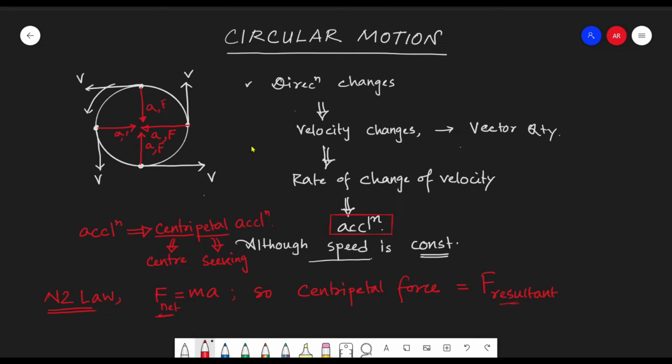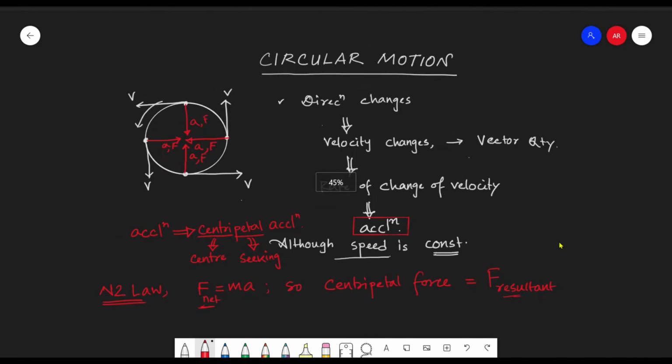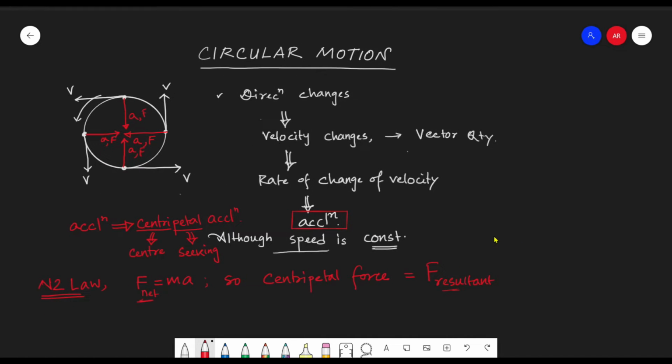So the force is acting towards the center, and so is the acceleration. That's why this force is also known as centripetal force. And centripetal force is nothing but a resultant force, a net force. This is the force that produces the acceleration.